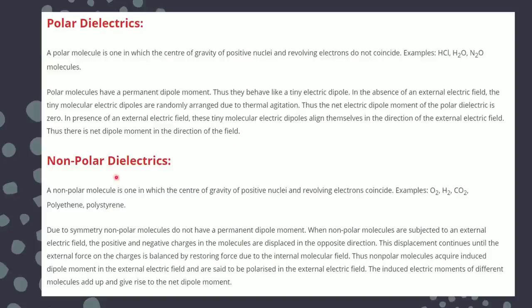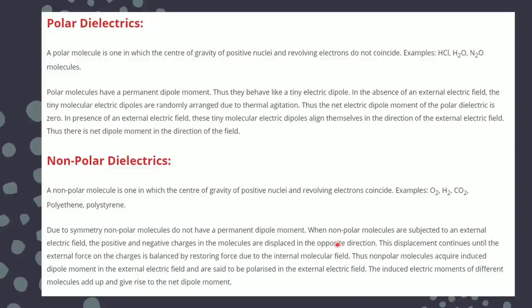So a net dipole moment is there in the direction of the field. For the non-polar, the center of gravity of positive and negative charges coincide. Oxygen, hydrogen, CO2, polythene, polystyrene are the examples, and they do not have any dipole moment.